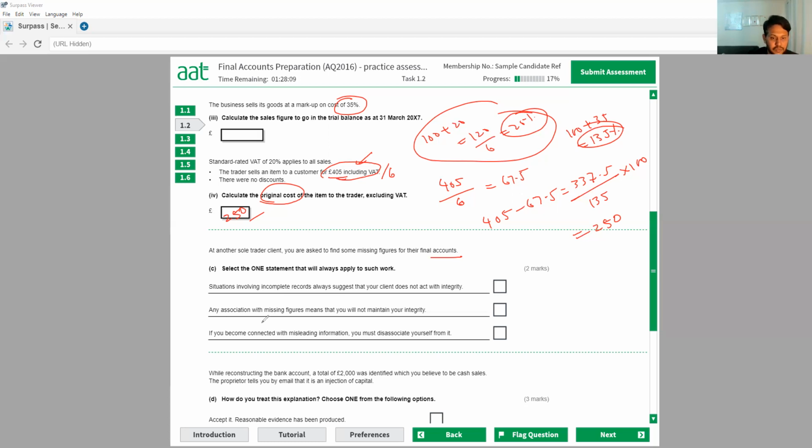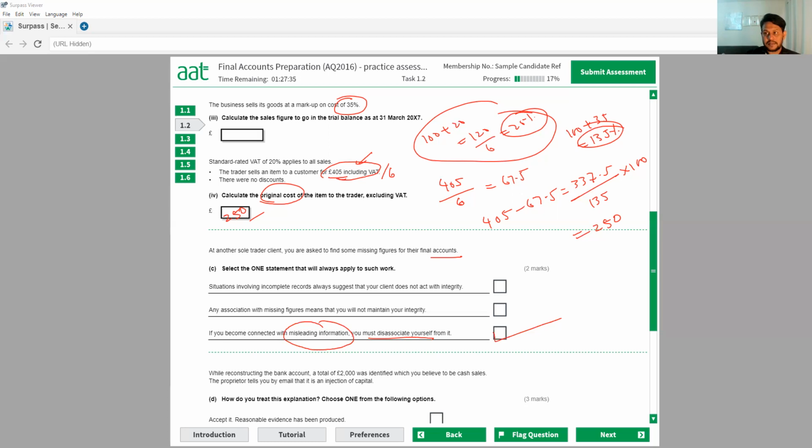Any association with missing figures means you will not maintain your integrity? If you become connected with misleading information, you must disassociate yourself from it. That's the true one. If you find you are becoming connected to wrong information, you must disassociate yourself from it. So you need to come back from there immediately.